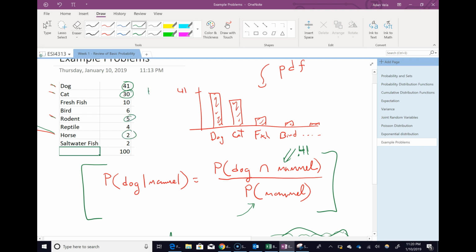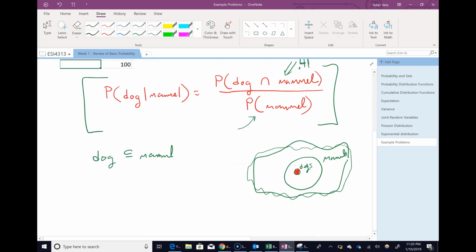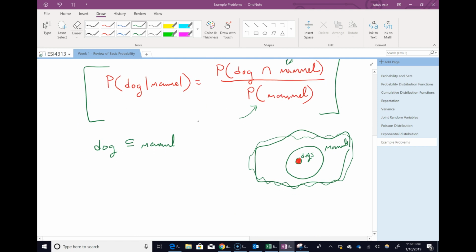So here we want to add 41 plus 30 plus 5 plus 2. I think that gives us 78. So the probability of mammal, that if you own a pet, it's a mammal, is 0.78.